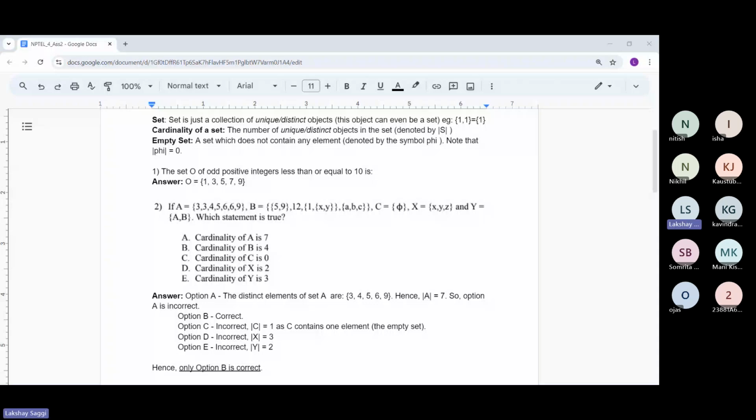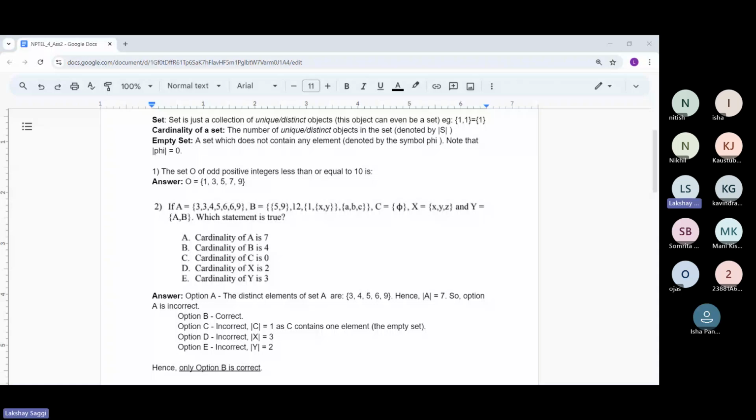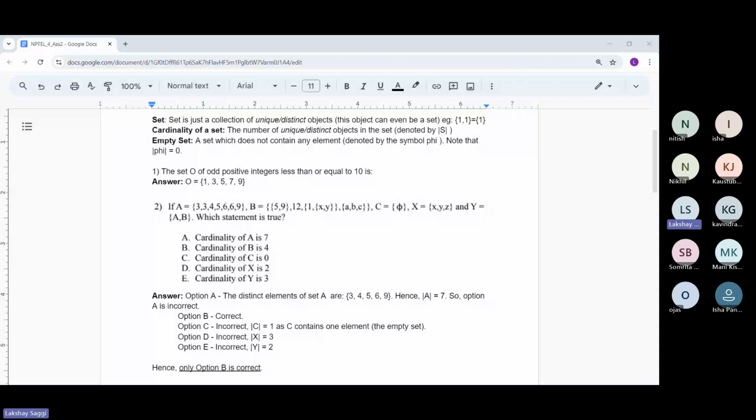Okay. So now, which of the following is not a disjoint set? Would anyone like to answer this? This is a straightforward question. Are A and C disjoint or not? Are B and C disjoint?